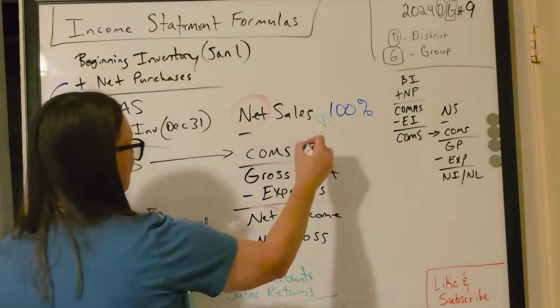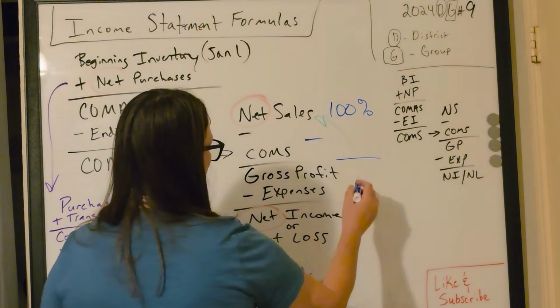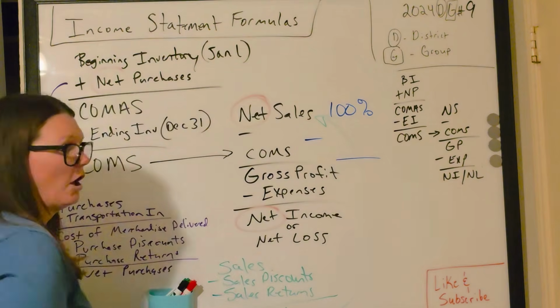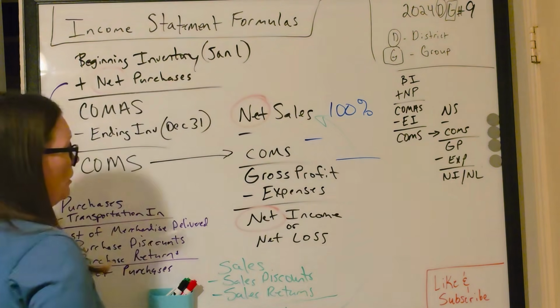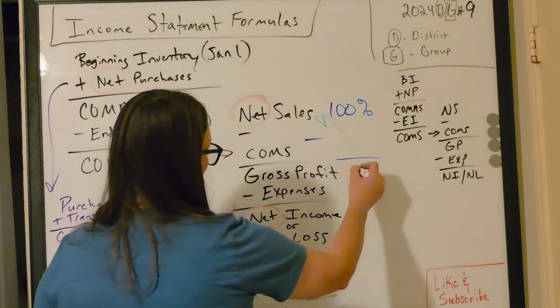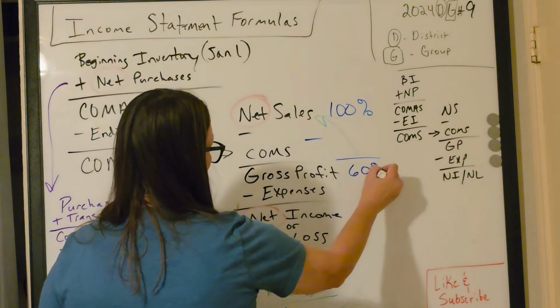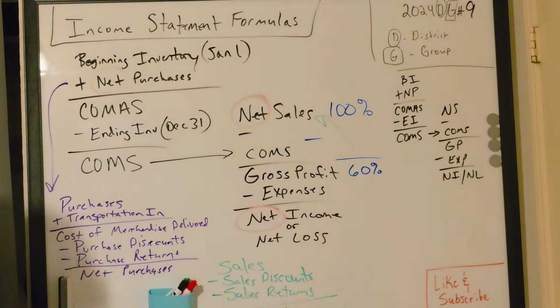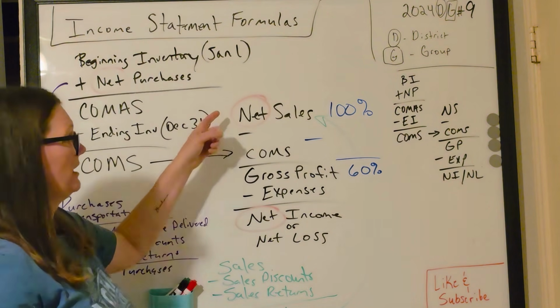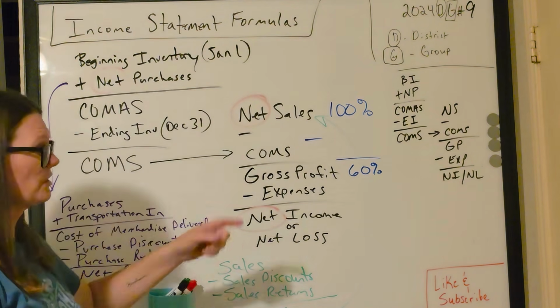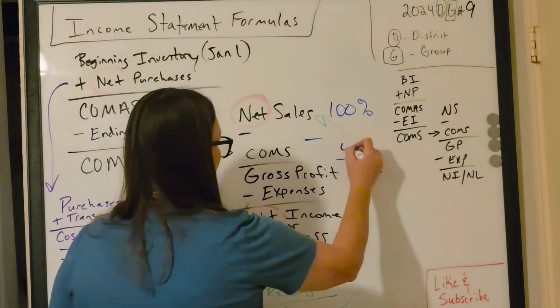Okay? And then minus cost of merchandise sold equals gross profit. Well, a lot of times she'll tell you gross profit is 60%. Okay, well, if gross profit is 60% of net sales, then cost of merchandise sold has to be 40%.